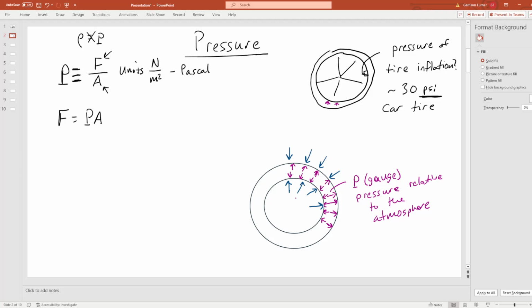So if you took your tire to a vacuum chamber, okay, so you've inflated your tire and you take it to a vacuum chamber and you remove this atmospheric pressure, right? If you remove that atmospheric pressure, then the tire would get much larger because the pressure inside wouldn't have anything pressing back on it, i.e., the atmosphere.